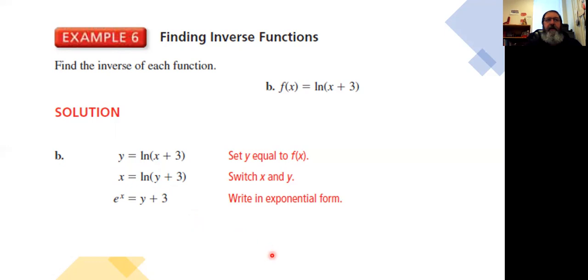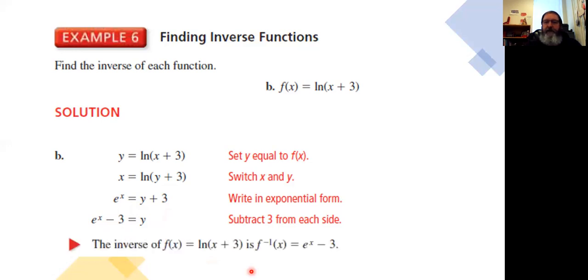Okay. I want to isolate the y here. Right now, 3 is being added to y. So I subtract my 3 from both sides of the equation. And now I get e to the power of x minus 3 is equal to y. So guess what?